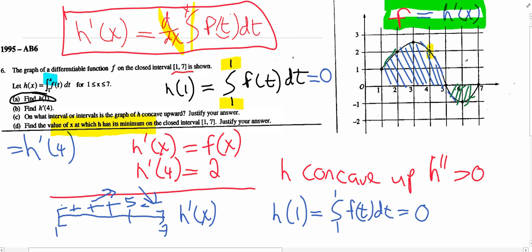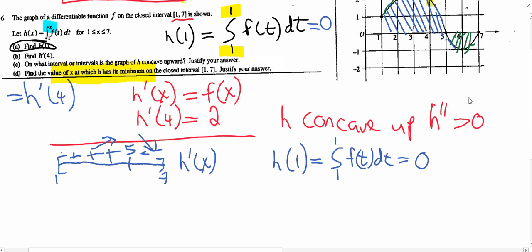So to me it makes sense that at 1 it's going to be smaller than it is at 7. So let's take a look at how we're going to justify that.